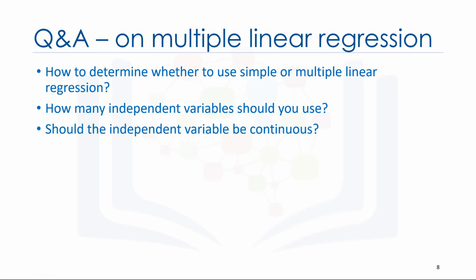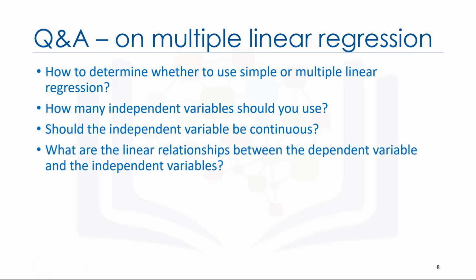The next question is, should independent variables be continuous? Basically, categorical independent variables can be incorporated into a regression model by converting them into numerical variables. For example, given a binary variable such as car type, the code dummies 0 for manual and 1 for automatic cars. As a last point, remember that multiple linear regression is a specific type of linear regression.